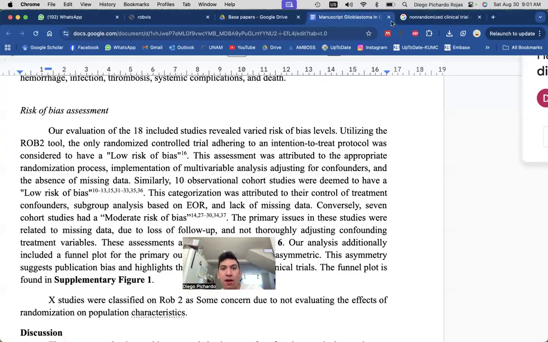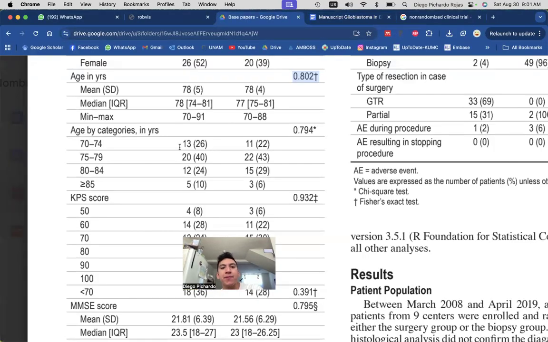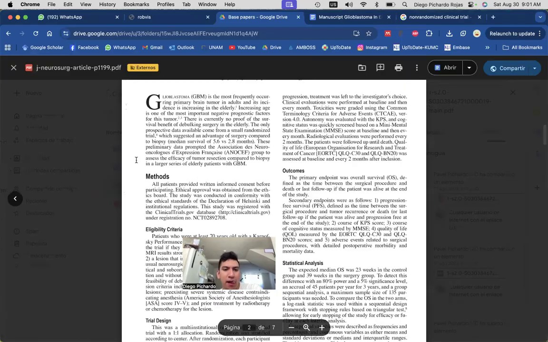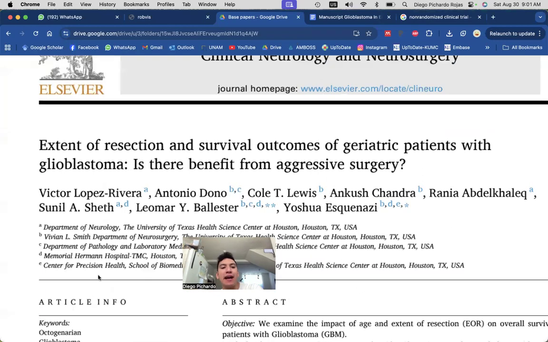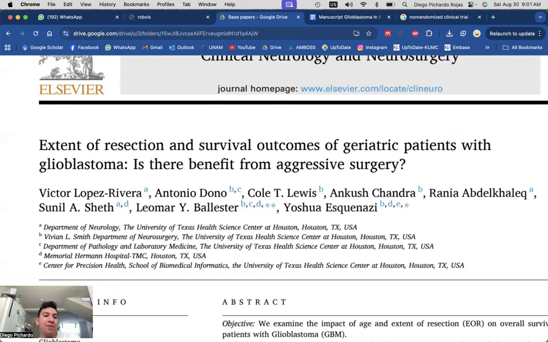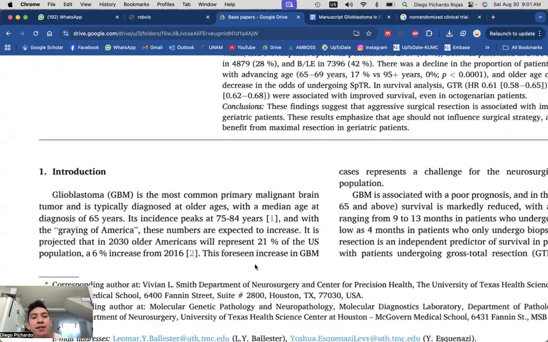So, look, this is a study evaluating if patients that have glioblastoma, if they undergo more aggressive surgery, like taking out the extent of the tumor and not leaving anything behind, if that results in better outcomes. Removing the entirety of a mass is called a gross total resection, all right?